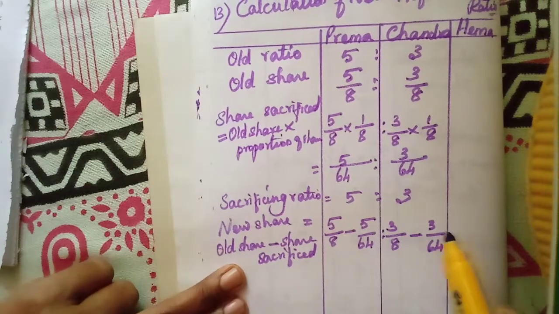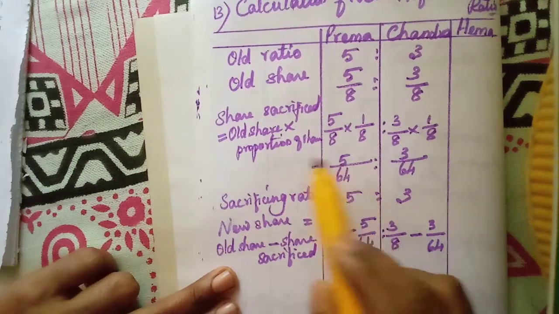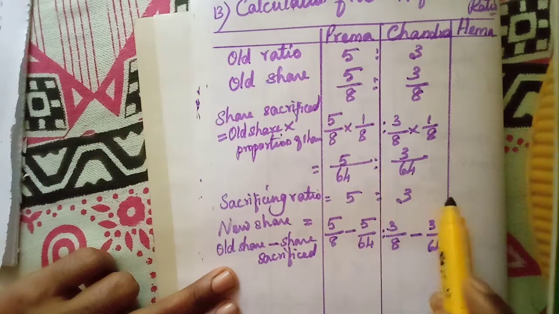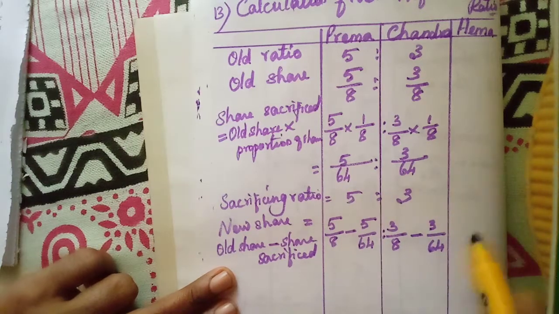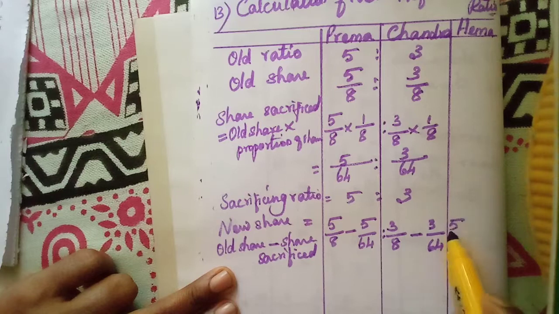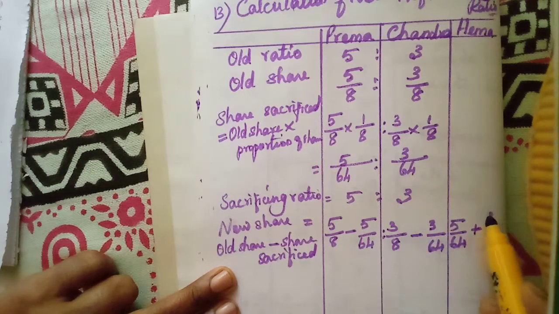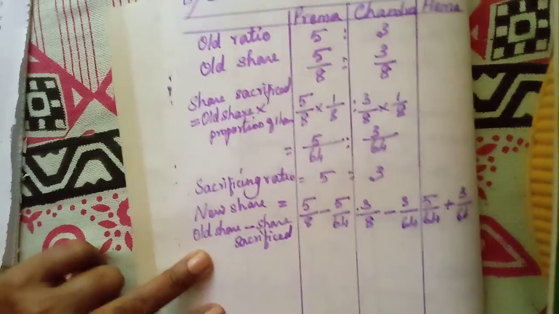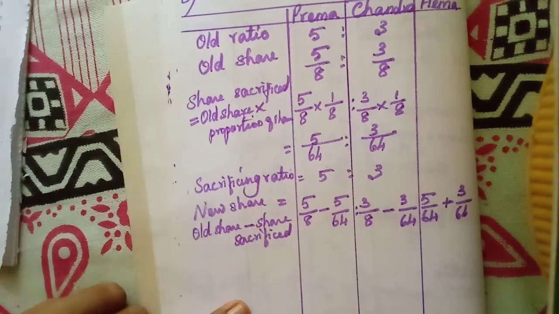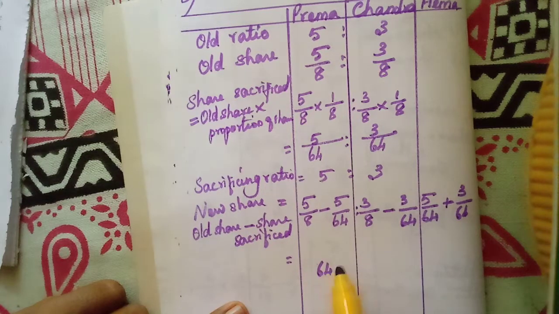Here we need to calculate the share sacrificed of Prema and Chandra for Hema. So 5 by 64 plus 3 by 64. Now we need to calculate LCM 64.